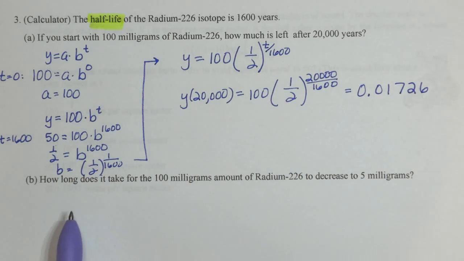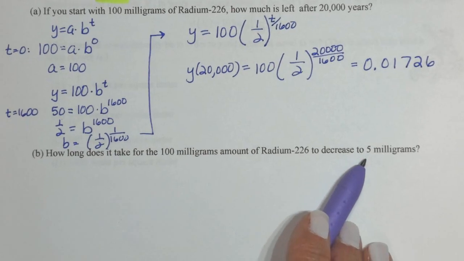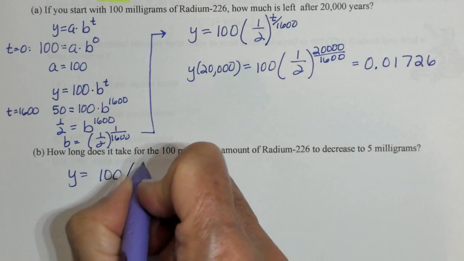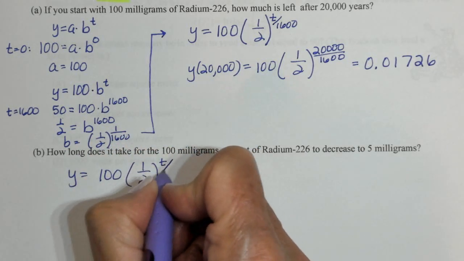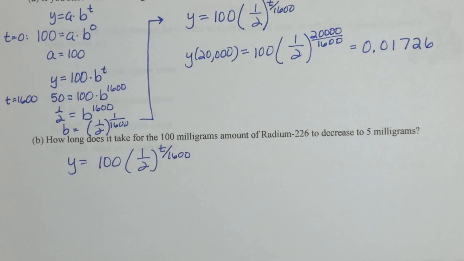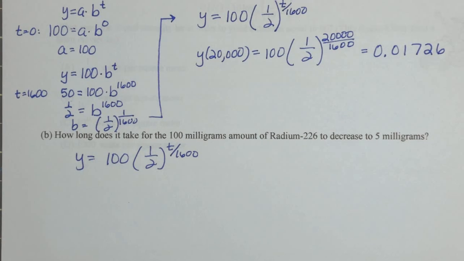Okay, part B, how long does it take the 100 milligrams to decrease to 5 milligrams? Okay, here's our equation. We want to know how long that takes to decrease to 5 milligrams. Since this is a calculator active problem, I could go to my calculator and graph this.